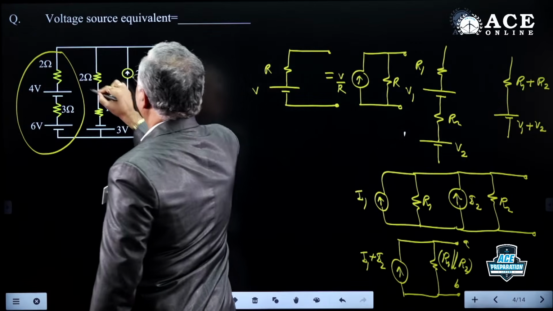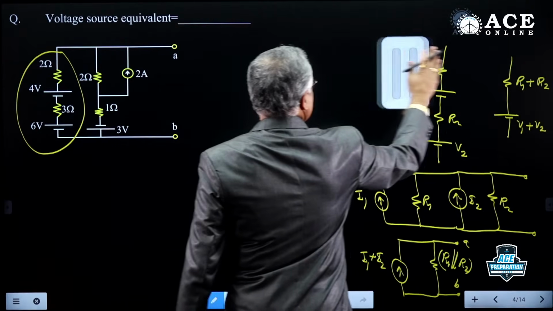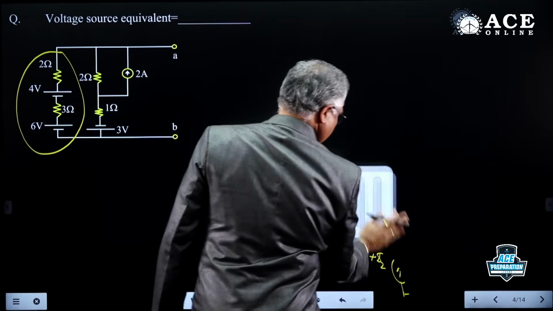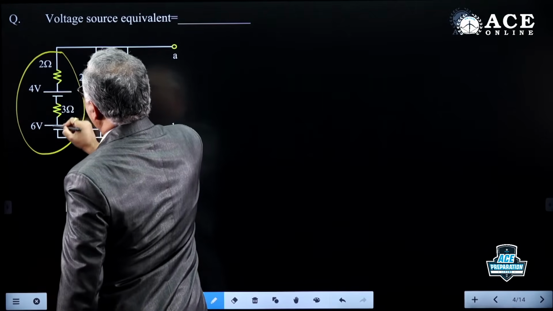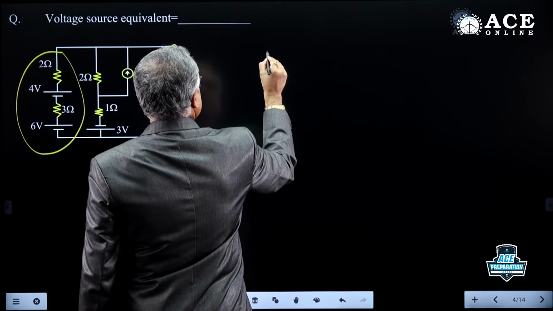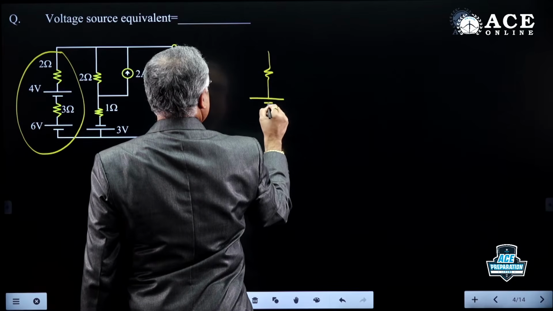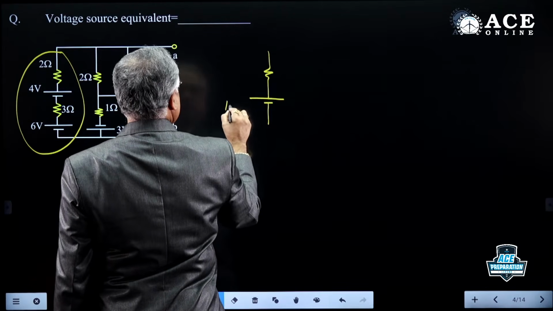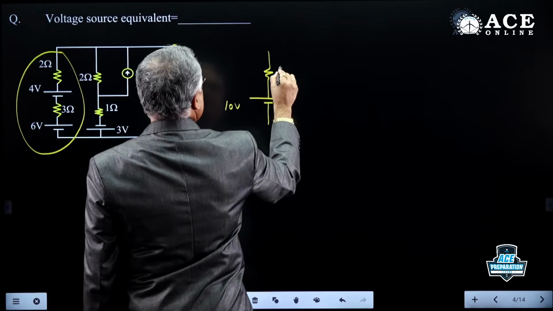So let us convert this. Four and 6 in series, so 10 volts. 2 and 3 in series, 5 ohms.